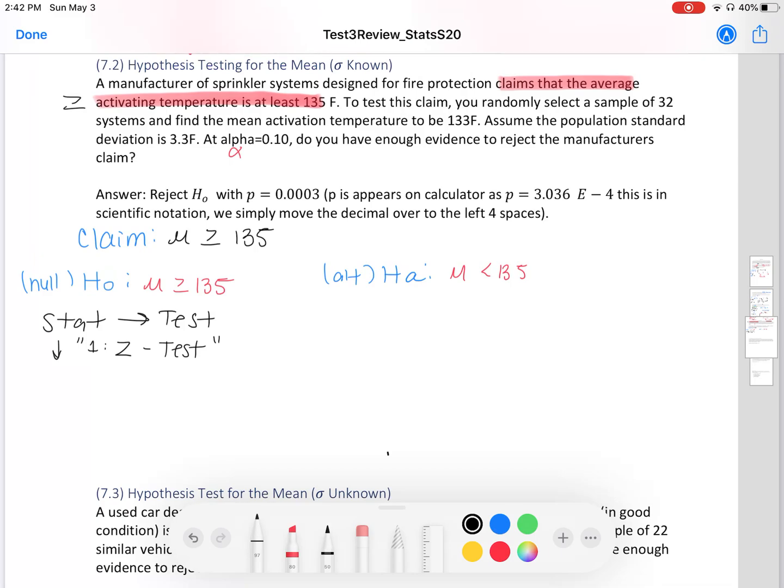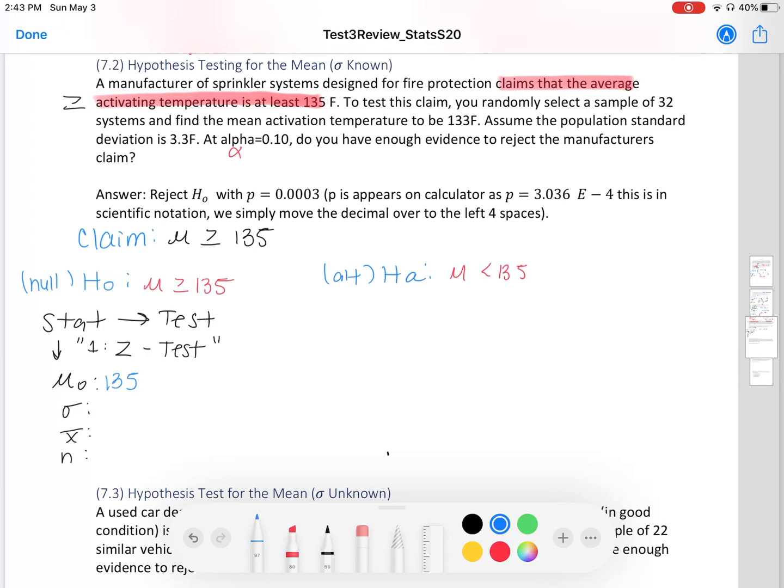All right, we need to fill out our mean, our standard deviation, our mean from our tests, and our sample size from our tests. Our mean from our claim is 135.